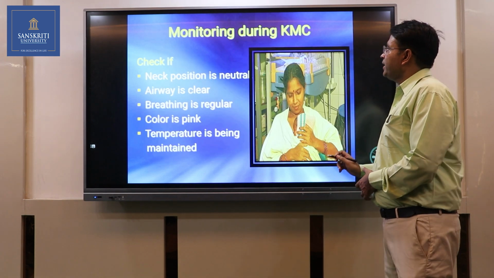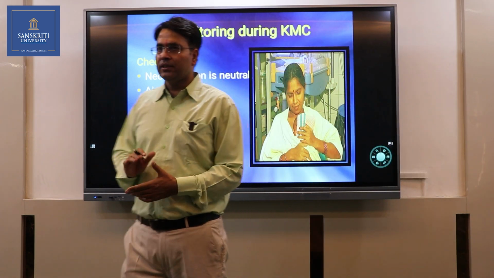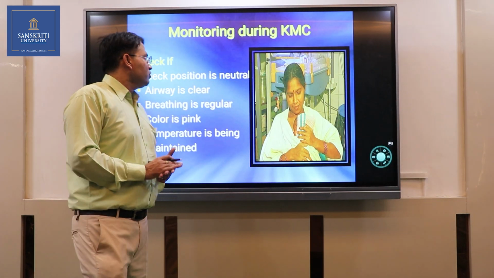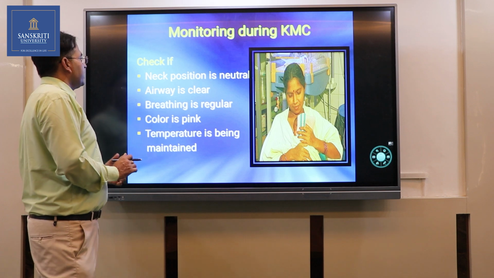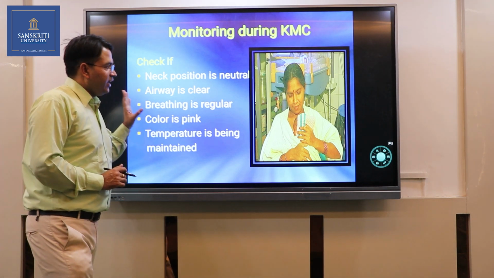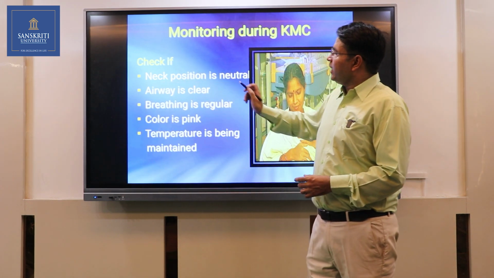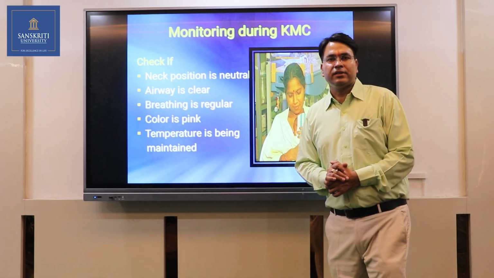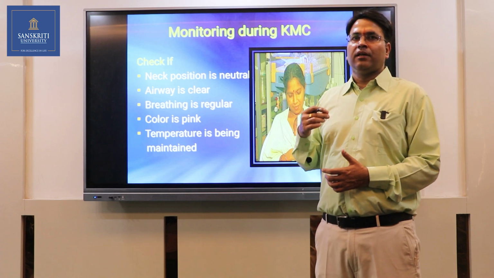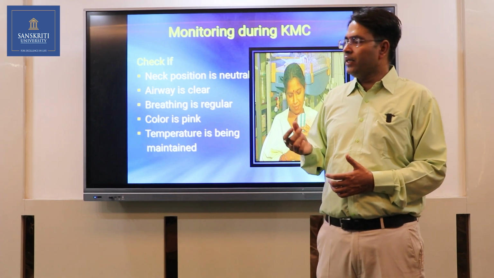Okay. Next, monitoring during KMC. What are the things we should check during the time of KMC? First is the neck position, it should be neutral. Neck position of the baby is neutral. Then check the airway of the baby. The airway should be clean.